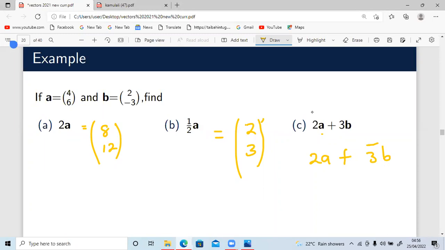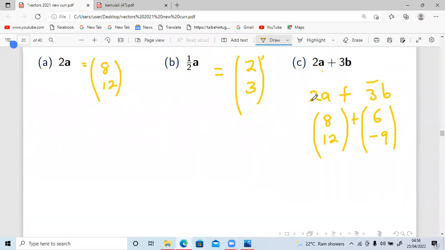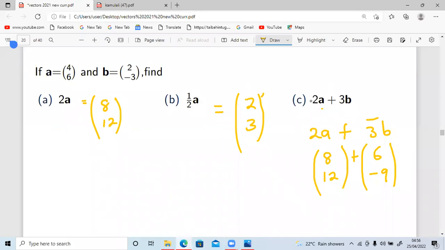So have we gotten the answer for part C? Yes, teacher. Okay. I get 8, 12 here for 2A. Then for 3B, what do you have? 6 and -9. Does everyone have those answers? Have that step? Yes.